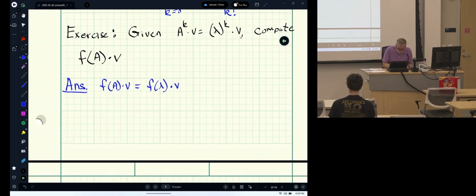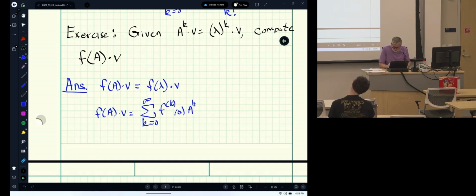And it's just because f of A times v is the sum k equals 0 to infinity, f at 0, A to the k times v.